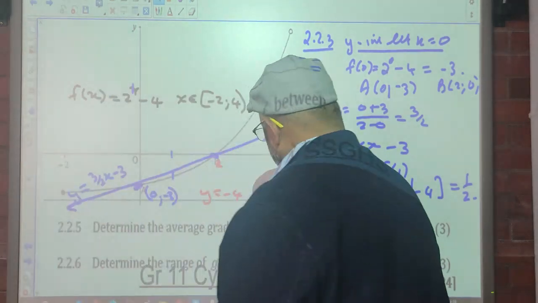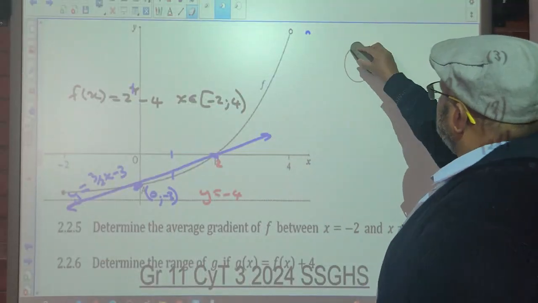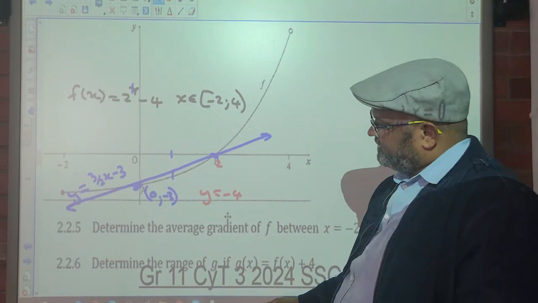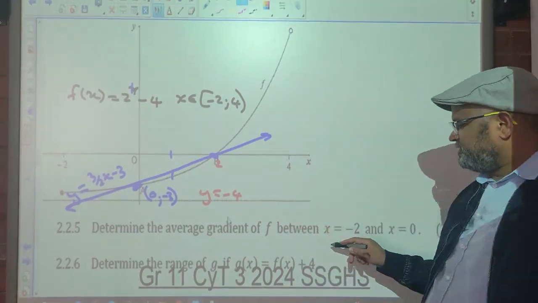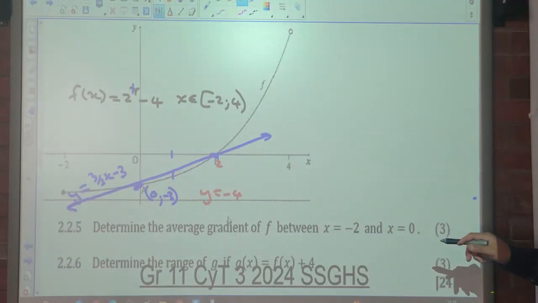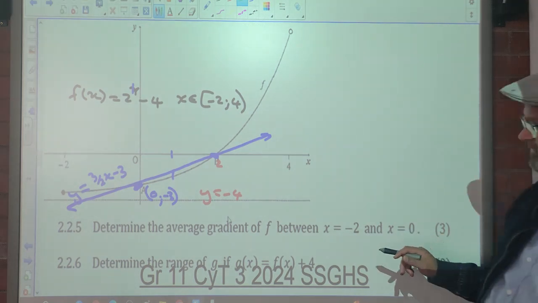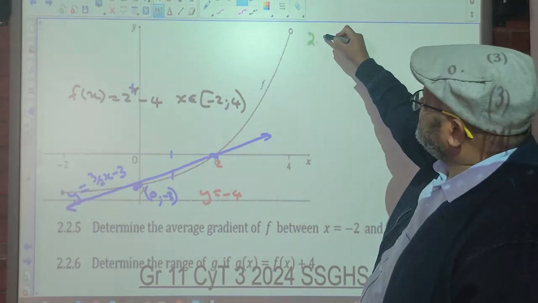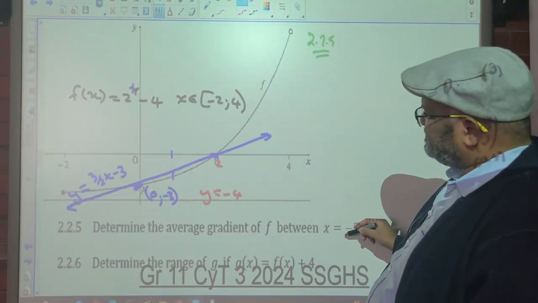Okay, 2.5. Question 2.5 says, determine the average gradient of f between x is equal to negative 2 and x is equal to 0. What I do is I substitute negative 2.